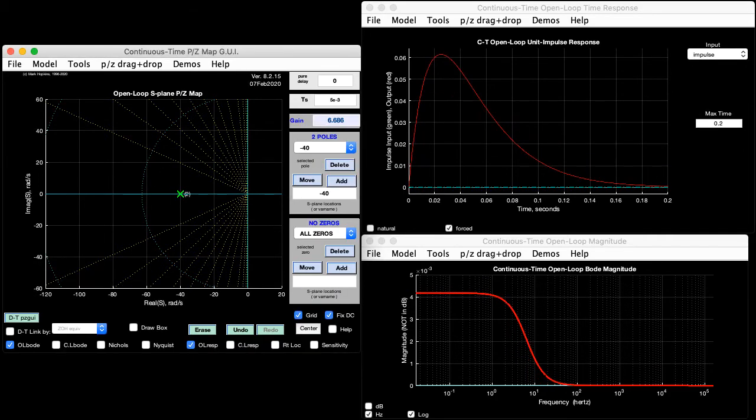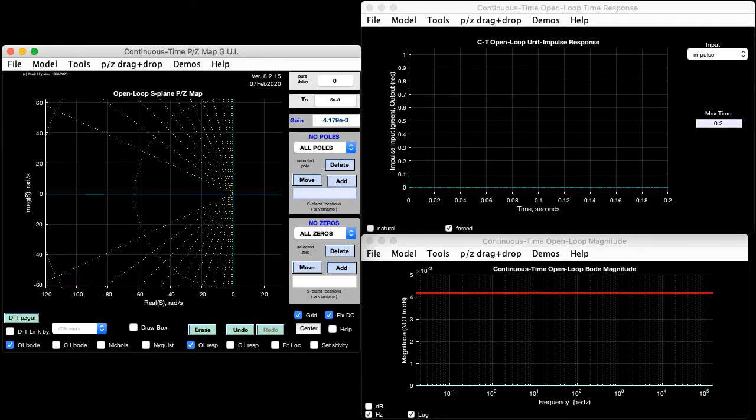For the purposes of this lecture, I would like to be able to fix an omega n and then change zeta. And although the GUI will let you do that for zeta less than 1 for the underdamped case, it doesn't seem to have a way to do that for the overdamped case.